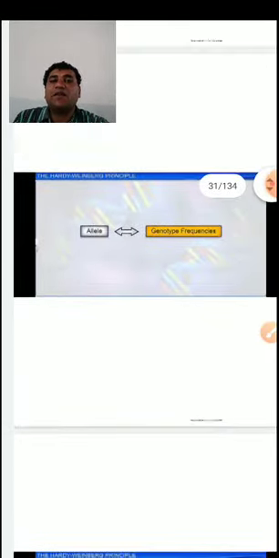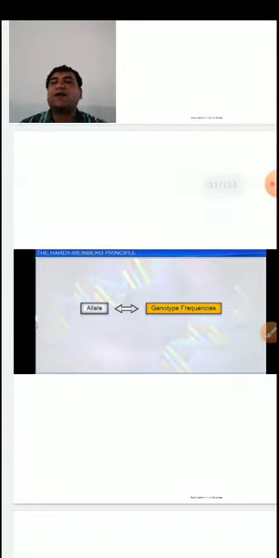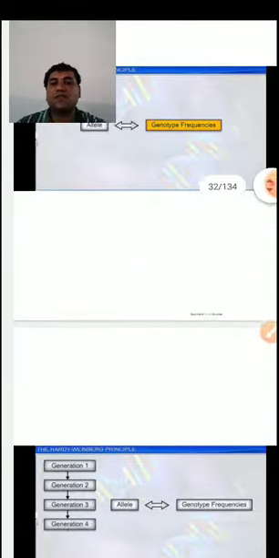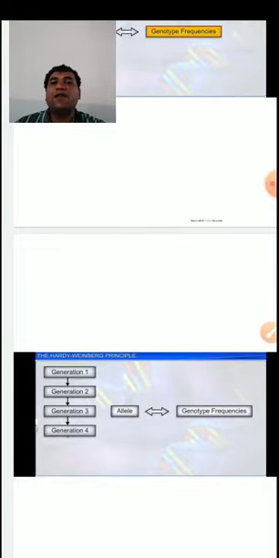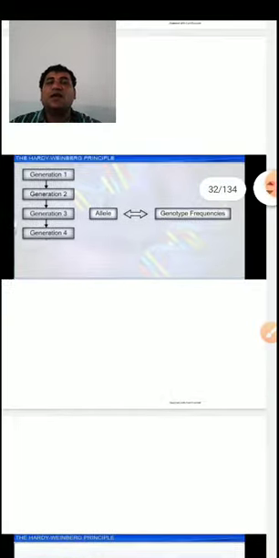In this Hardy-Weinberg equilibrium, alleles are the units, now considered as genes, which are responsible for the genotypic frequencies. They will be transferred from one generation to the other, from the parents to their progeny.